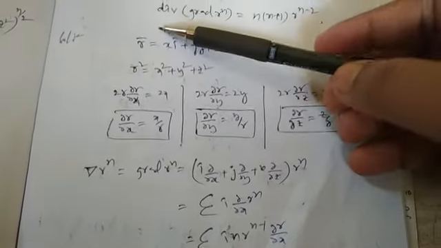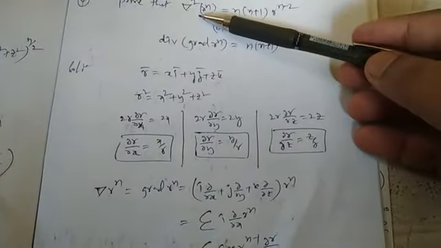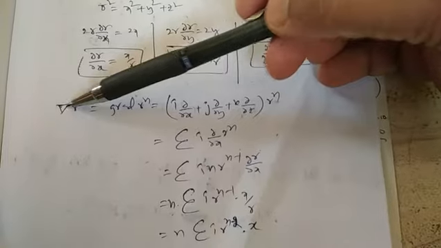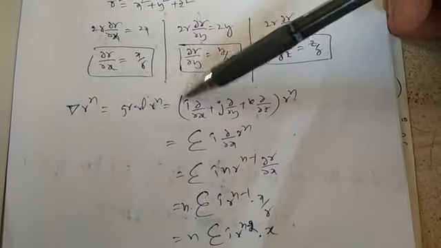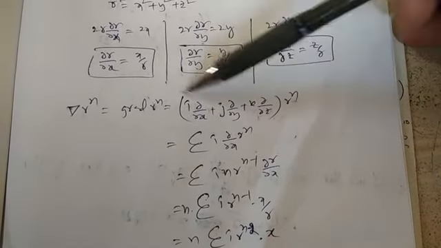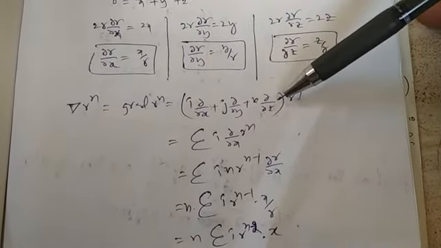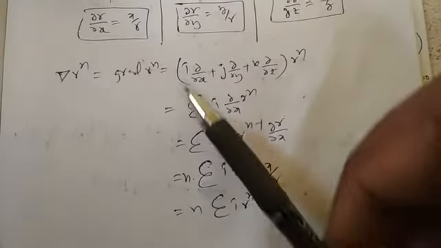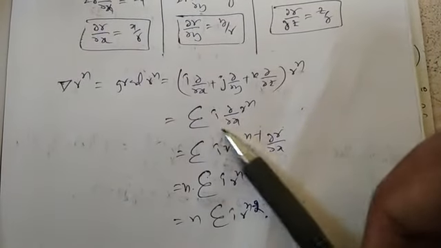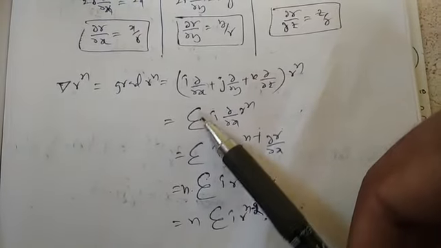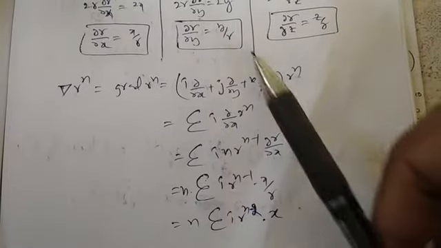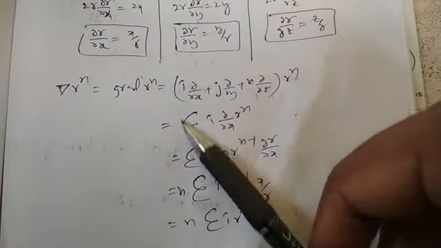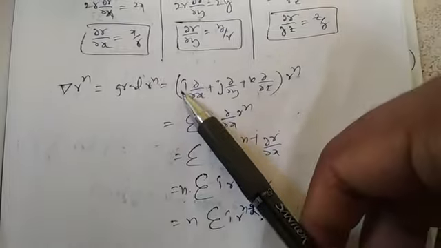Next, to find del square, first apply one del on r power n. That is gradient of r power n. Now del is i dou by dou x plus j dou by dou y plus k dou by dou z. Instead of writing the three terms, I write only one term, taking sigma. In the last step I will split the sigma into the three terms for j and k. Now I wrote here only for the i term.